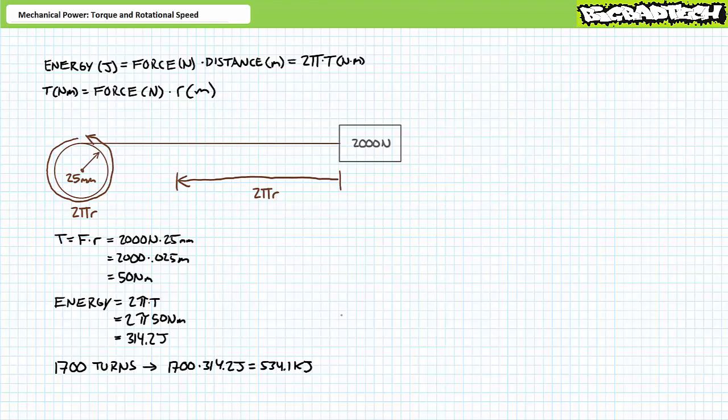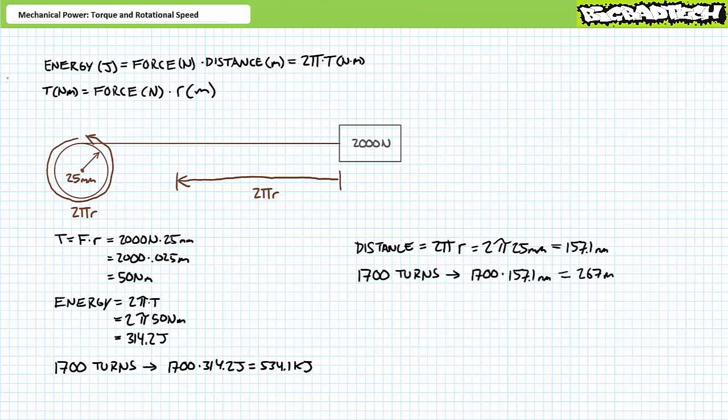You think these shortcuts are too easy? One can always use alternate methods to confirm these results. With a shaft radius of 25 millimeters, a single turn of the shaft revolves 2 pi times 25 millimeters, or roughly 157.1 millimeters of rope onto the shaft, tugging that 2,000 Newton object 157.1 millimeters closer.